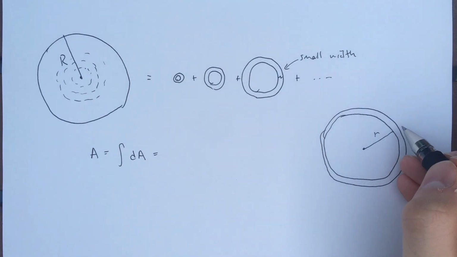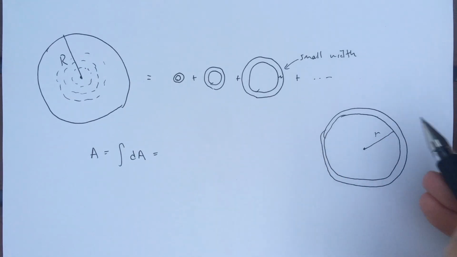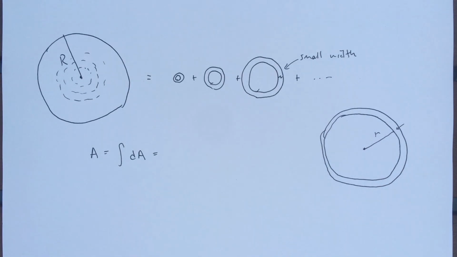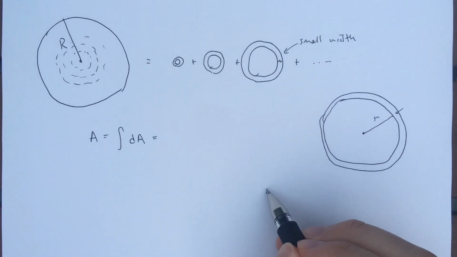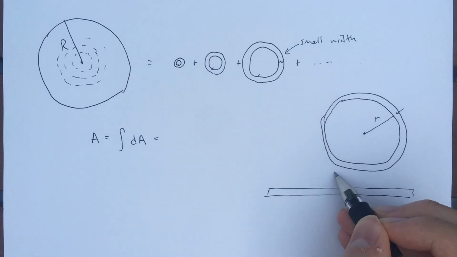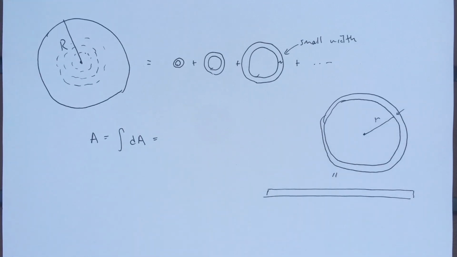Well then, let's imagine breaking up this ring, splitting it right here, and elongating it. So this ring is simply equal to, or close to equal to, this strip. And what are the dimensions of the strip?